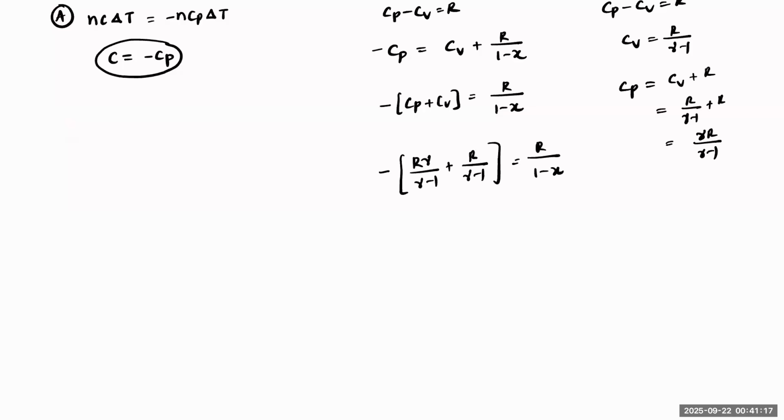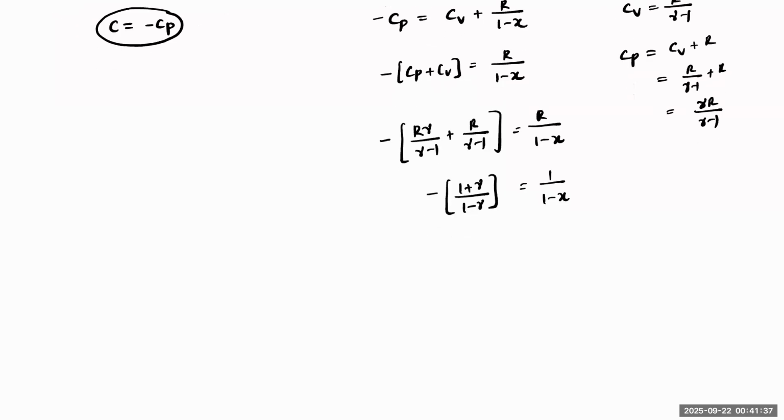So now you can see R will get cancelled from here. Once R is cancelled, I will get this as 1 plus gamma. So this is minus of 1 plus gamma by gamma minus 1. Correct? That is equal to 1 by 1 minus X. So reverse this value. So I'll get 1 minus X is equal to gamma plus 1 by gamma minus 1.